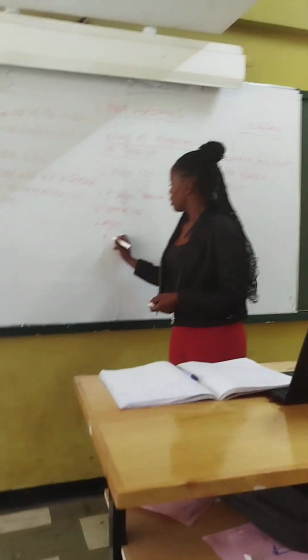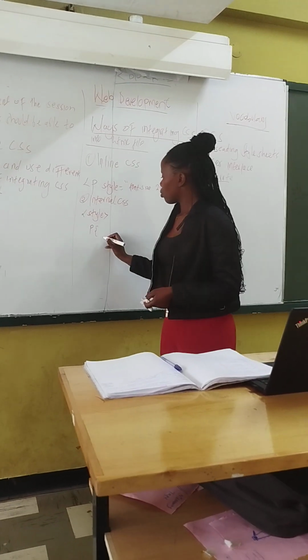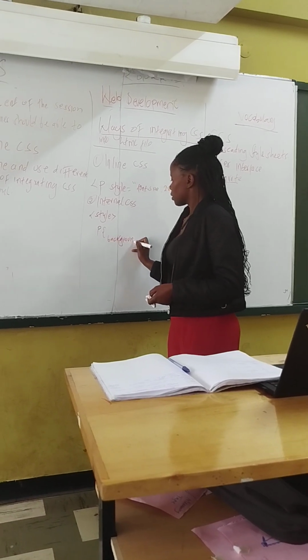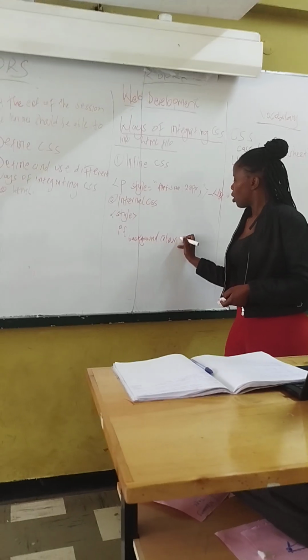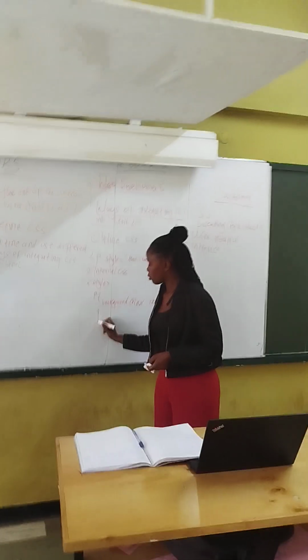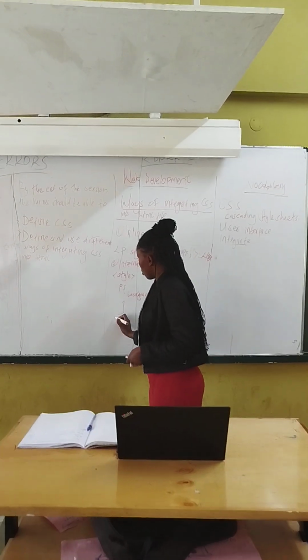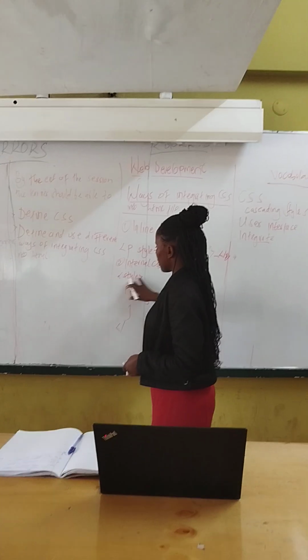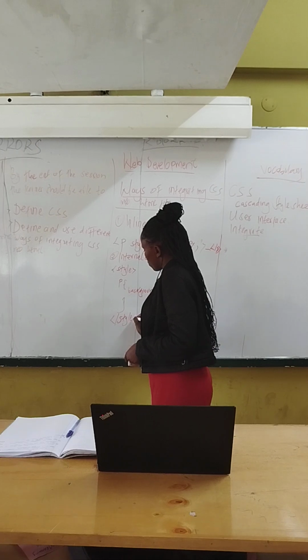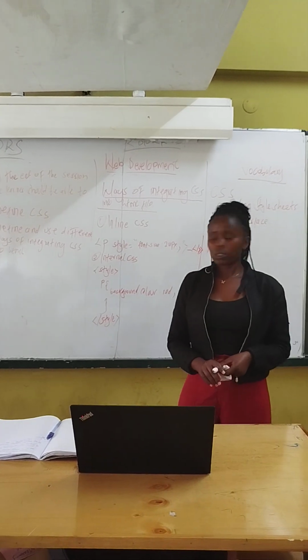And then you want to style the paragraph, and you want it to have a background color of red. Okay? You close. Have you understood? And remember to always close a tag. Every style tag that is open should always be closed.